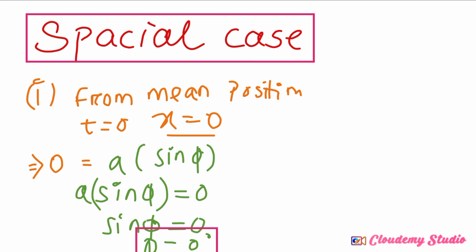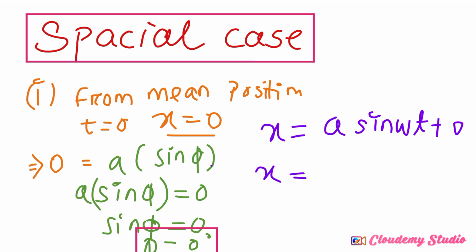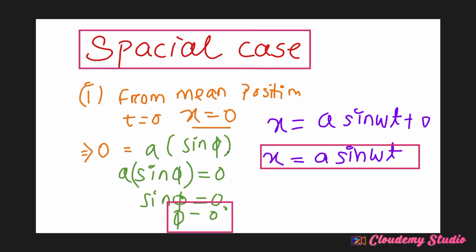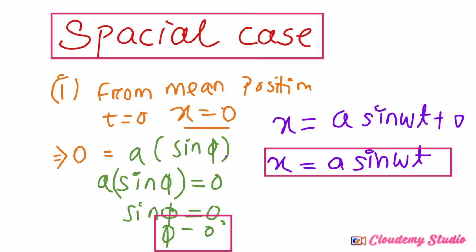And again x is equal to a sin(omega t plus 0), so x is equal to a sin omega t.